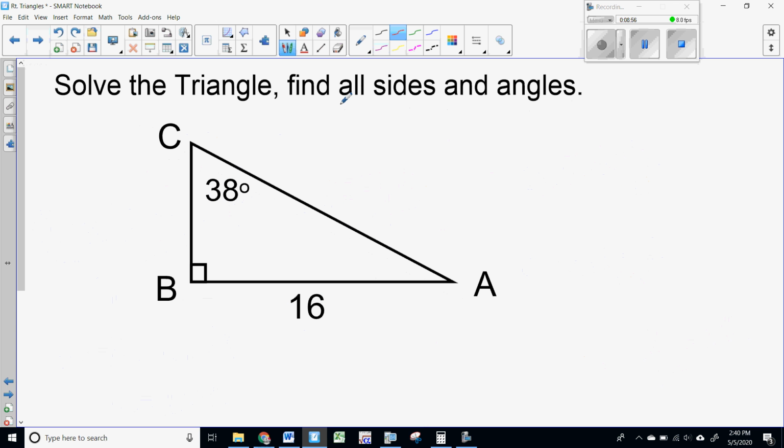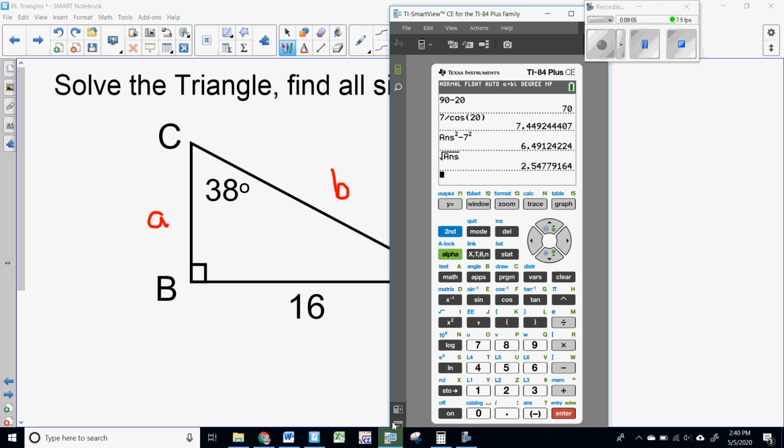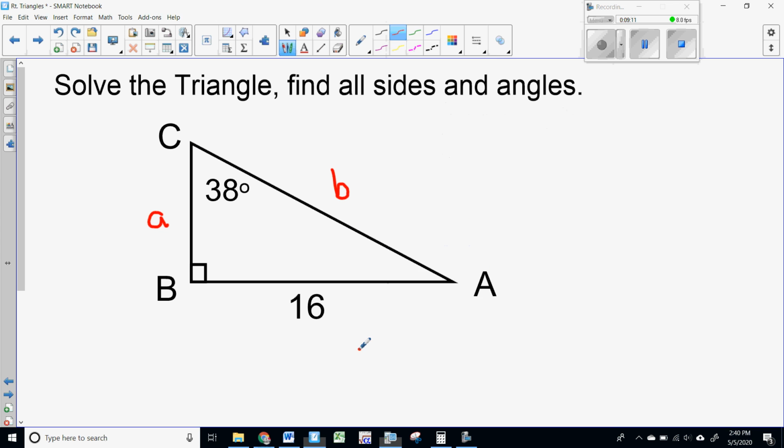So I have, this is side A, this is side B, this is 38. So I could go to my calculator and take 90 minus 38, and I get 52. So this is 52. Now, I used cosine last time. We've used sine.